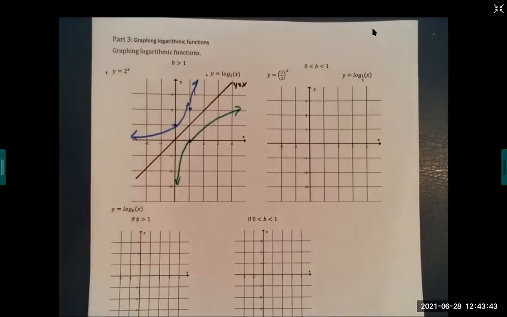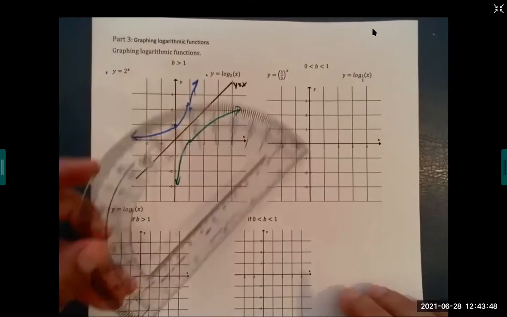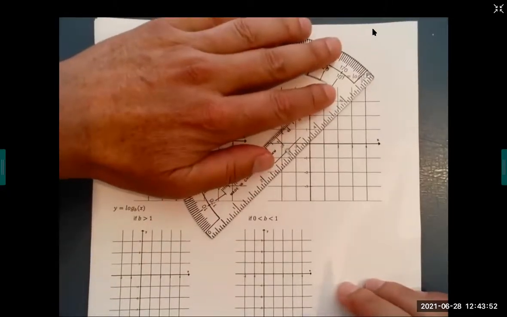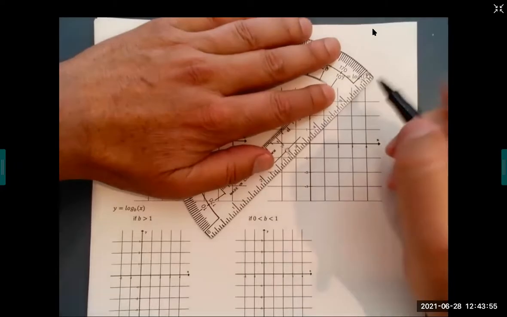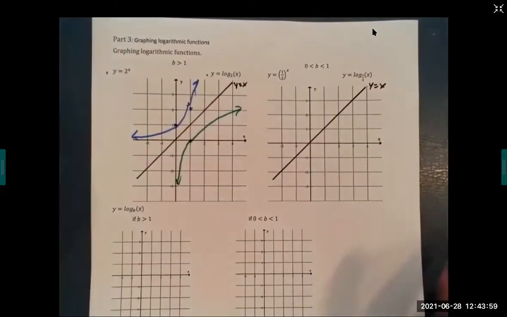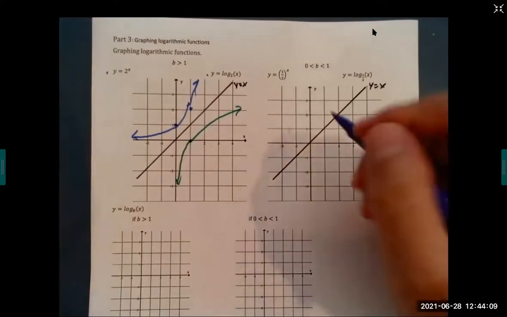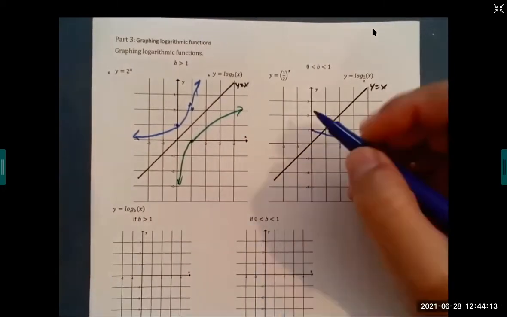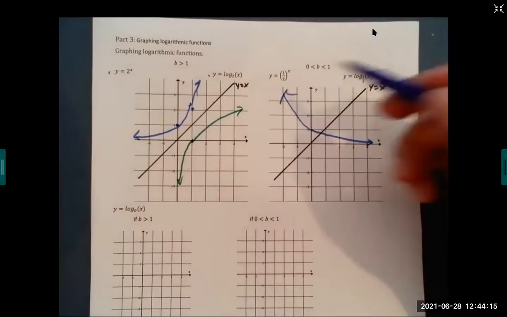So let's do our y equals x again. And now when we have a base like this, our exponential function does this. Crosses at 1. It gets closer and closer to the x-axis while it kind of explodes this way.